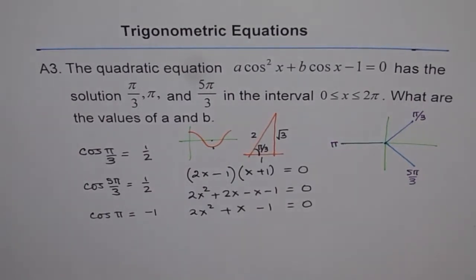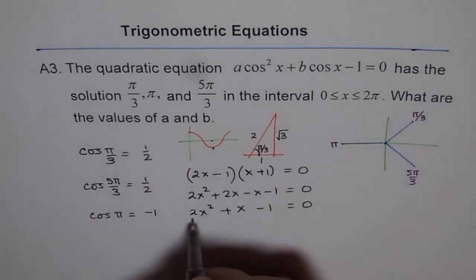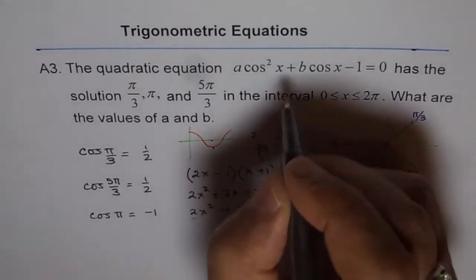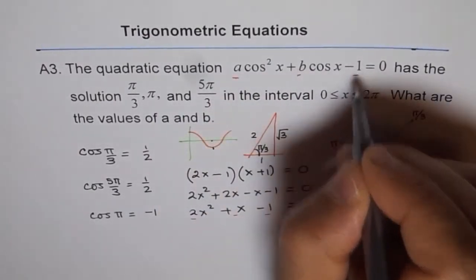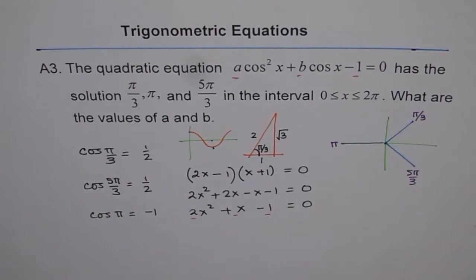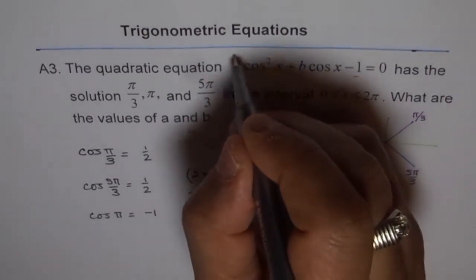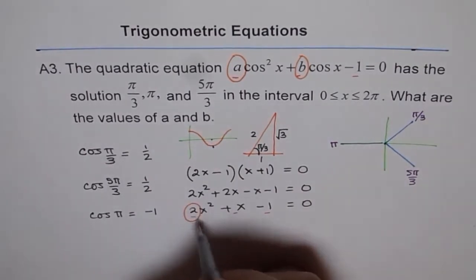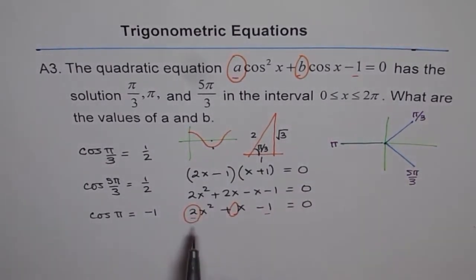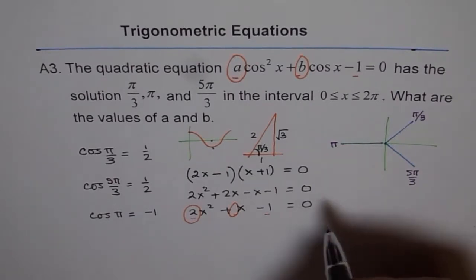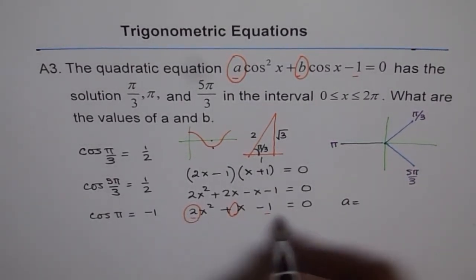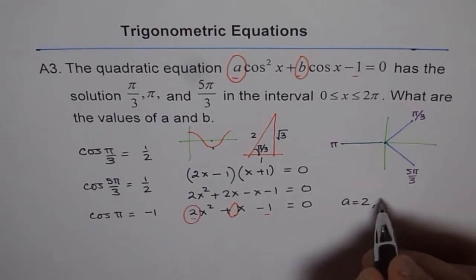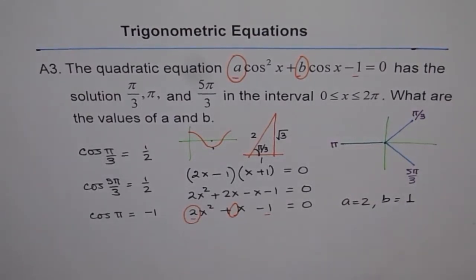Correct? Now let's compare this equation with the given equation. The given equation is in cos x, so x is cos x for us, and the coefficients are a and b. So we can compare the coefficients a and b and get our answer. We can straight away write a equals 2 and b equals 1, and that is our answer.